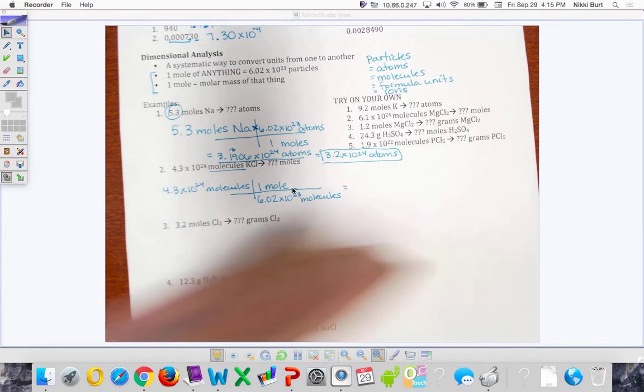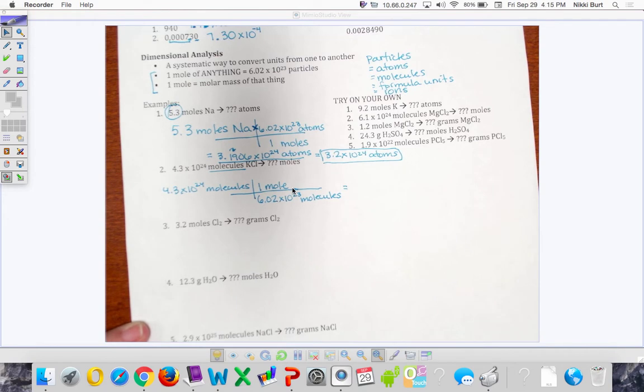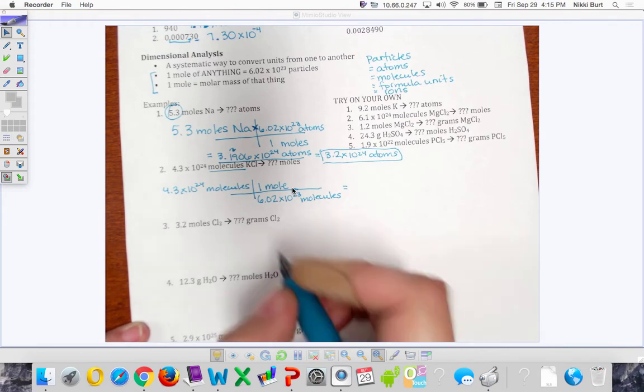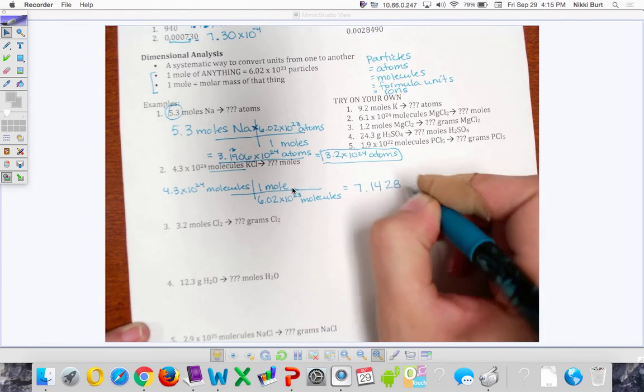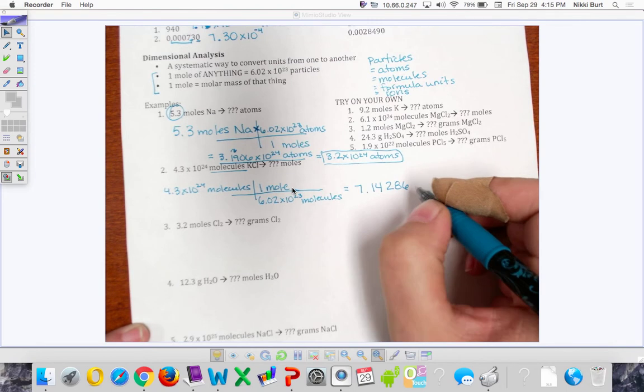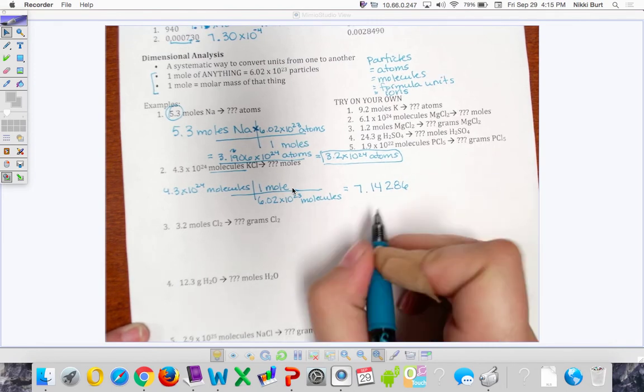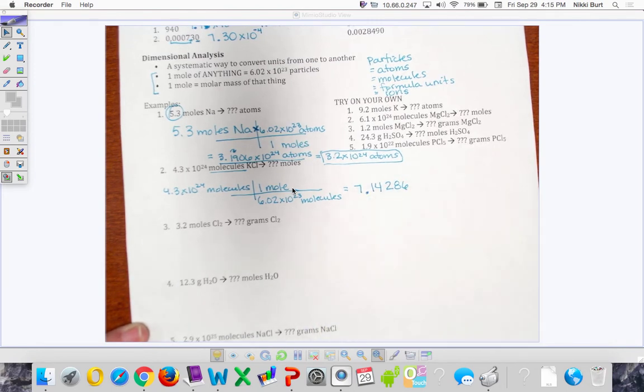This number divided by that number using your E button in your calculator. 24 divided by 6.02 E23 will give you 7.14286 and a few more decimal places.